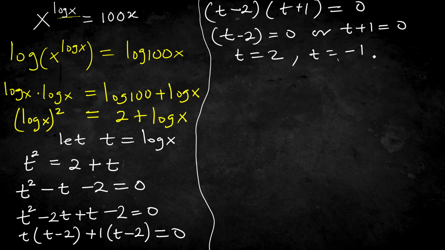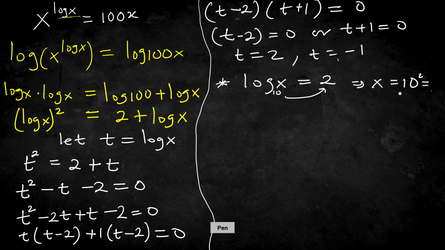So let's go back and solve for log x, since t has given us two answers. Case 1, log x is 2. Remember, if you don't see the base, it's 10. So this base will raise this, which will give us x equals 10 squared, which is 100.